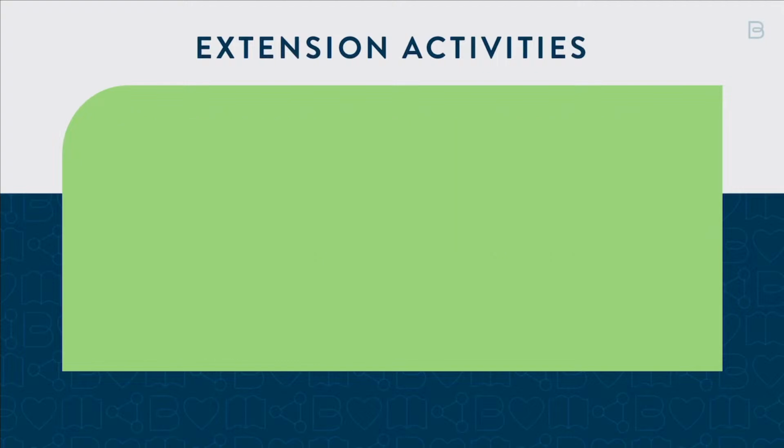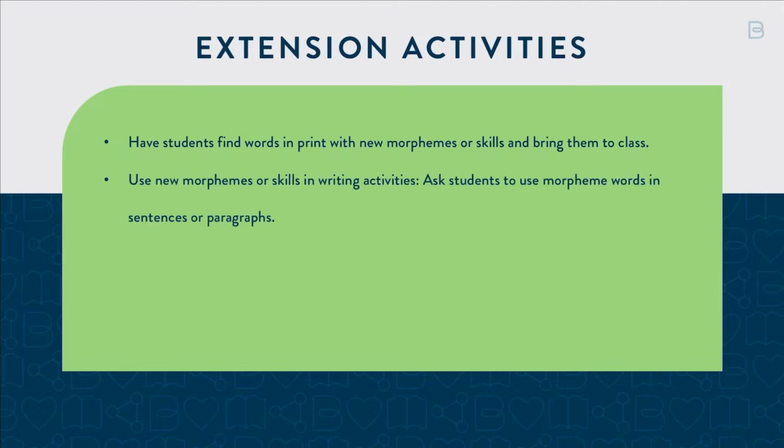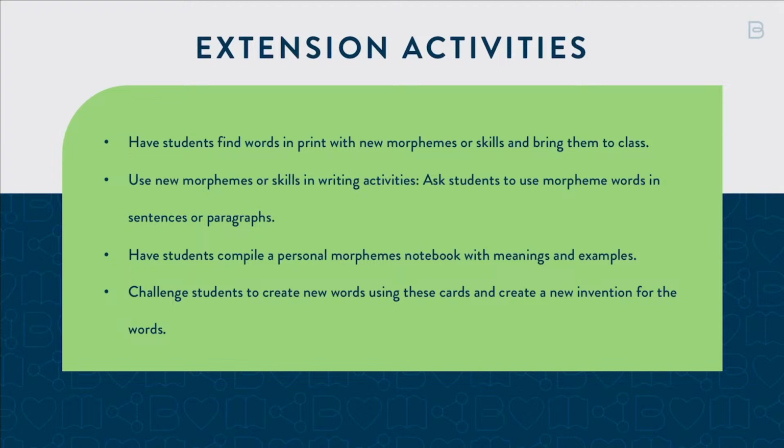Have students find words in print with new morphemes. Use new morphemes or skills in writing. Have students compile a personal morpheme notebook. And challenge students to create new words.